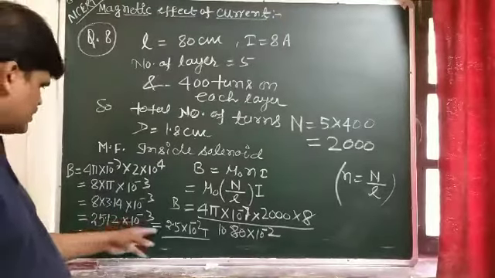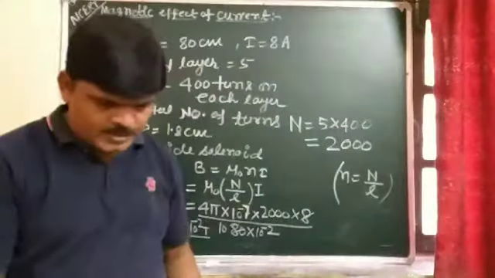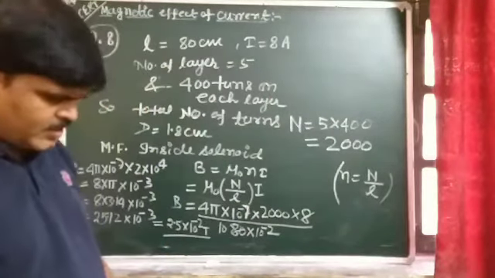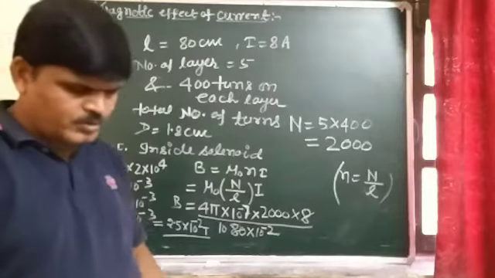This is the answer for question number 8: 8 pi 10 to the power minus 3 or 2.5 into 10 to the power minus 2 T.